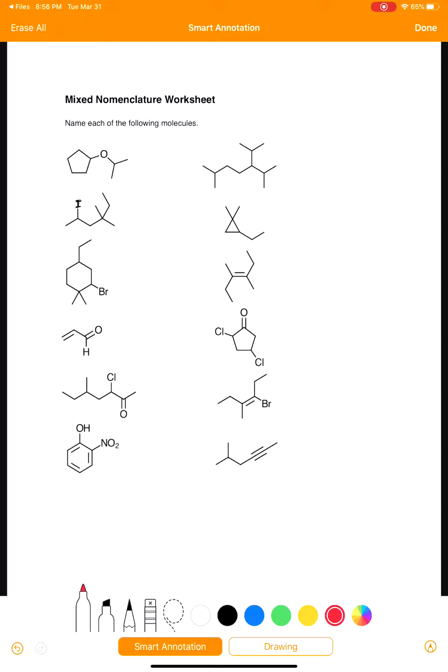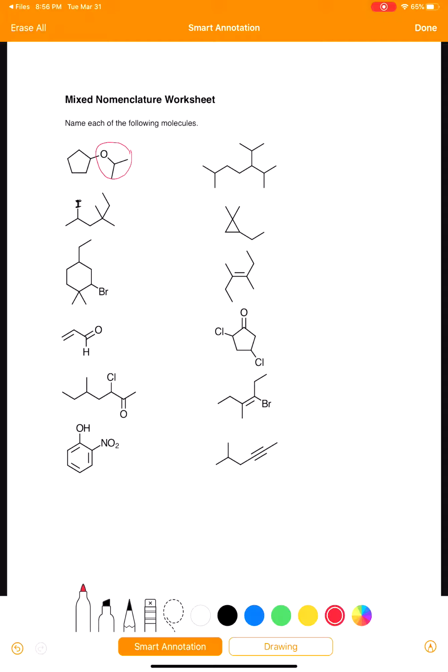So for the first one, remember that ethers, this is not an IUPAC recognized functional group. If we wanted to name it common, we could definitely do a common name for this. That would work, but I would prefer to name it with a more IUPAC style name. In the IUPAC-ish name, we take the smaller R group and we name that as an alkoxy substituent on the actual alkane.